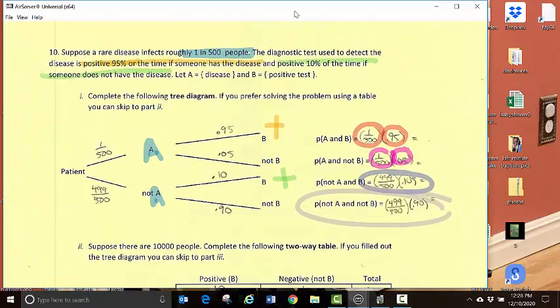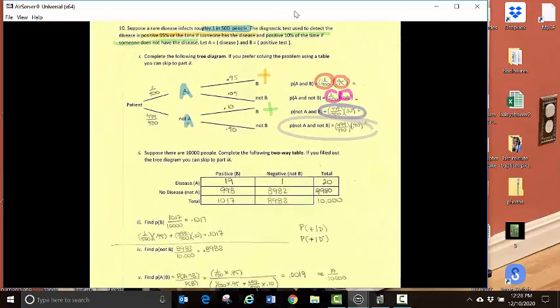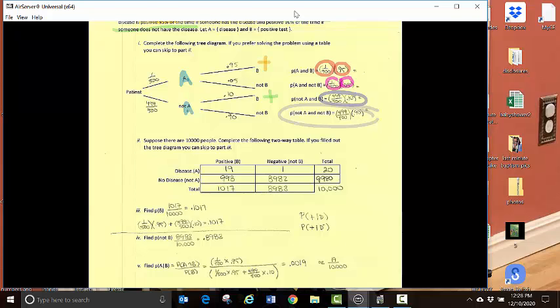Now, before I do the chart, I'm going to answer one of these questions below. What is the probability of B? There are two ways to get to B: this way and this way of positive. So if they want the probability of B, it's this and this, or this and this.